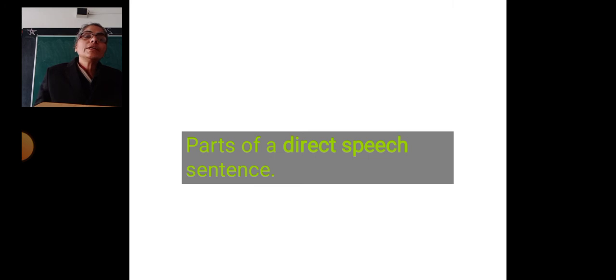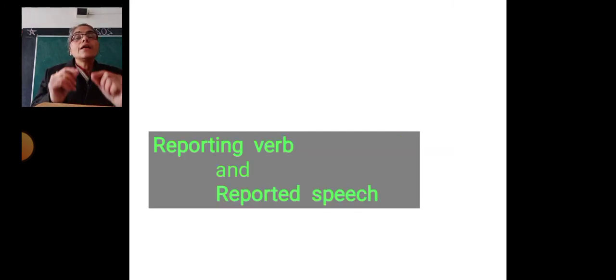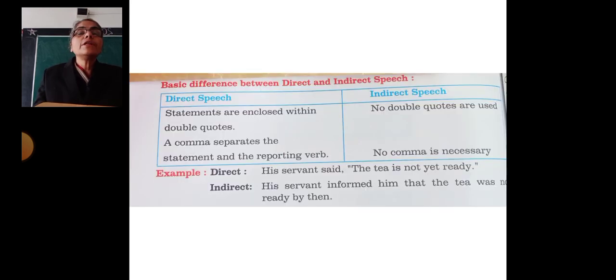So dear students, we have already discussed about the parts of a direct speech sentence, but let's revise. We can divide a sentence in direct speech into two parts, reporting verb and reported speech. To have an example, we are going back to the slide and see the example here. His servant said, "The tea is not yet ready."